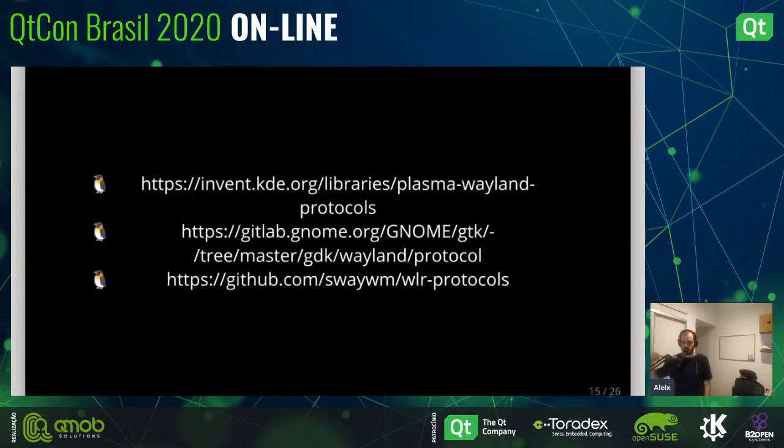Here you can see the URLs for KDE's, GNOME's, and wlroots', but there definitely are others. I haven't really checked, but I know that Enlightenment has some stuff going on, and I'm sure that there are some more niche ones.